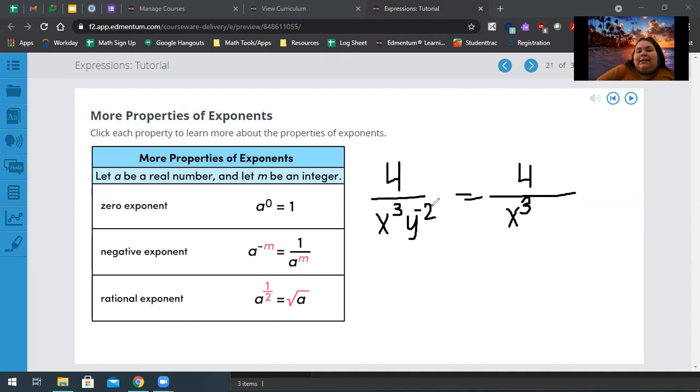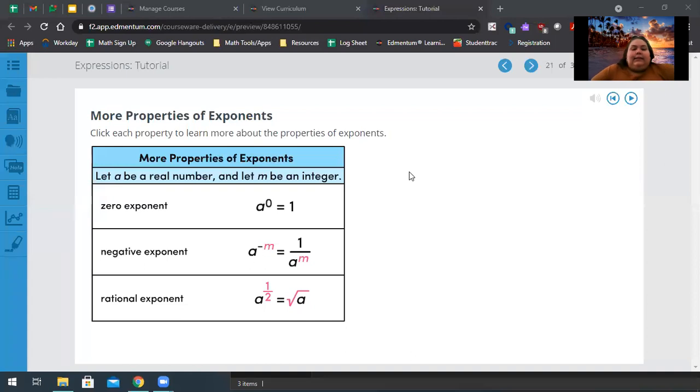I don't like that negative 2. Currently, it's at the bottom of the fraction, or the denominator. We need to move it to the top, the numerator. So this y to the negative 2 becomes y to the positive 2. So that's an example of how we would switch them. Again, it's only for negative exponents. Did you see everything else stayed the same except for the position of any negative exponents.